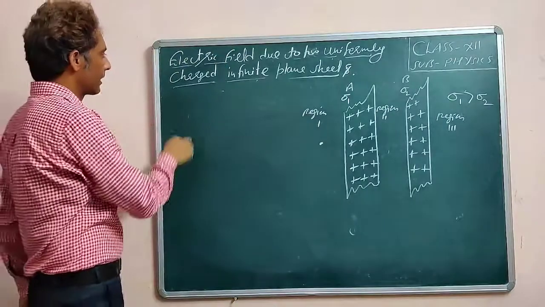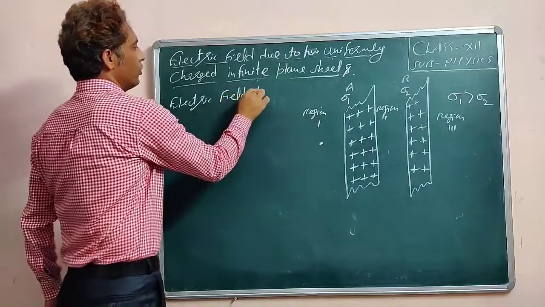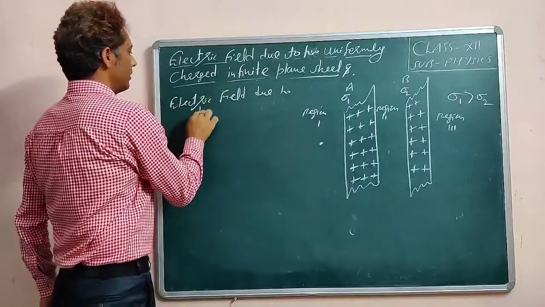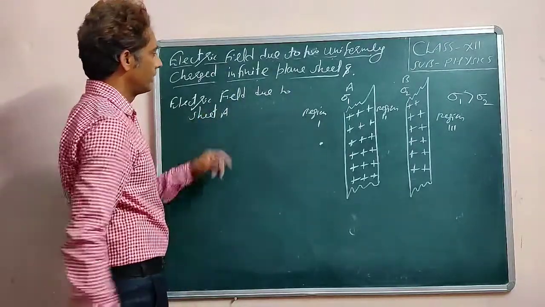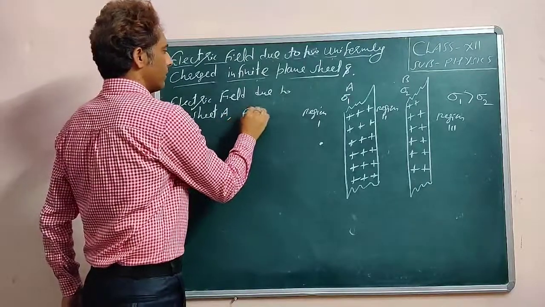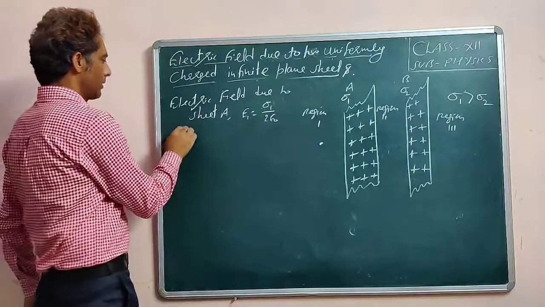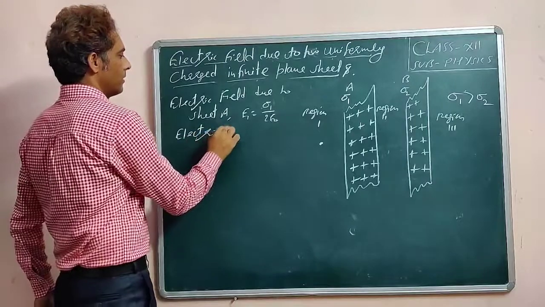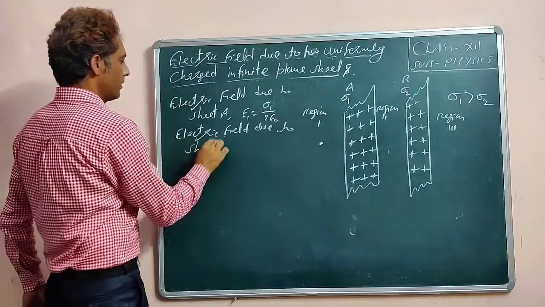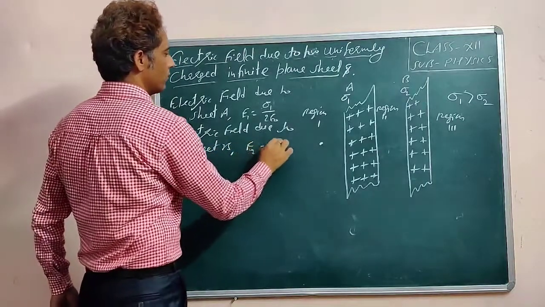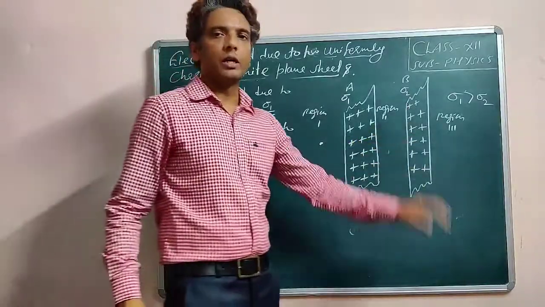So first the electric field due to sheet A. The magnitude of electric field due to sheet A will be E1 is equal to sigma 1 over 2 epsilon naught. Similarly, electric field due to sheet B, E2 is equal to sigma 2 over 2 epsilon naught. I assume that these two sheets are thin.